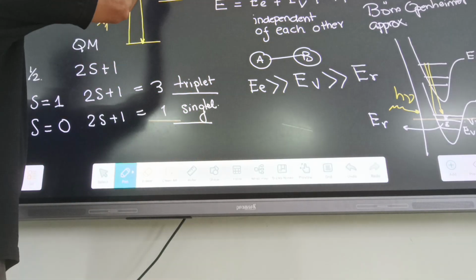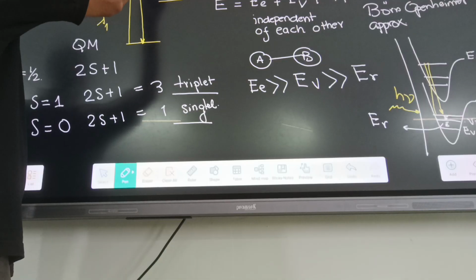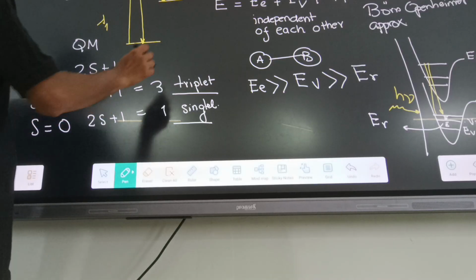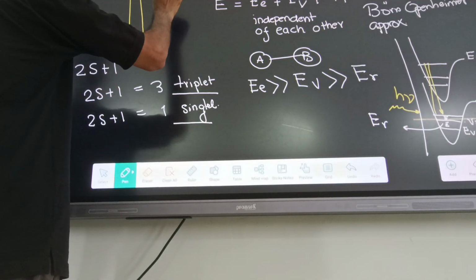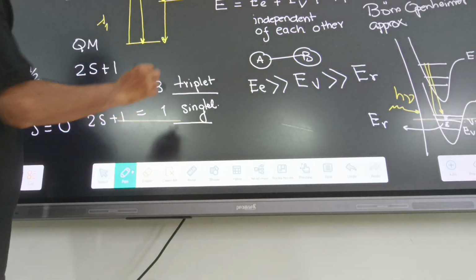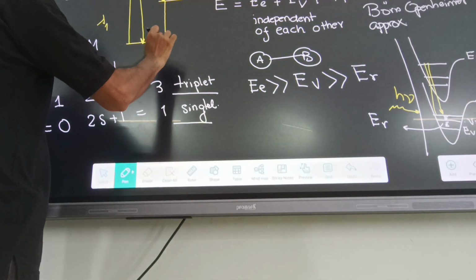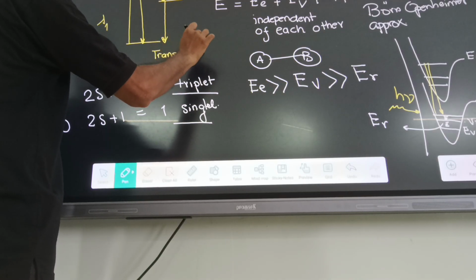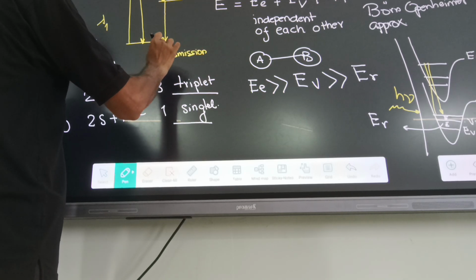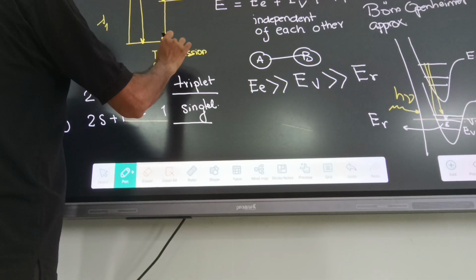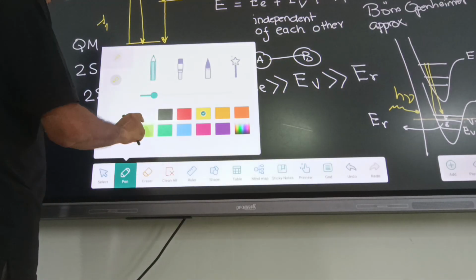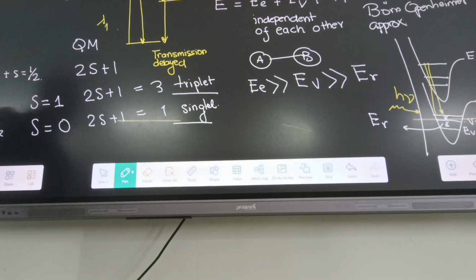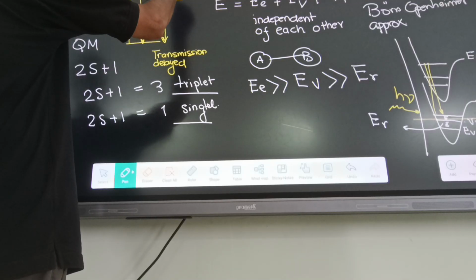If, however, the molecule, due to some reason, comes back to this state where the transmission gets delayed, then we call it phosphorescence. Phosphorescent light जो होता है ना, रात को जो glows, that is because of this delayed transmission, because this is a triplet state.